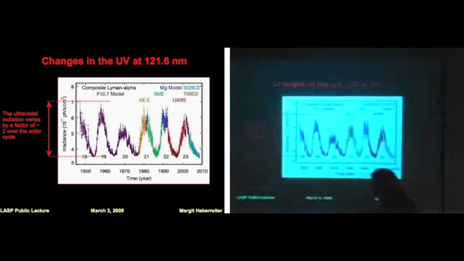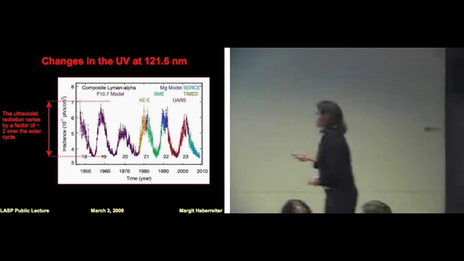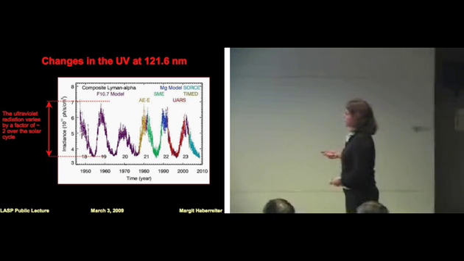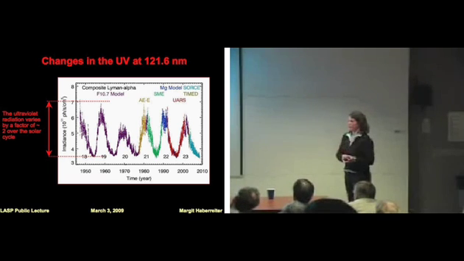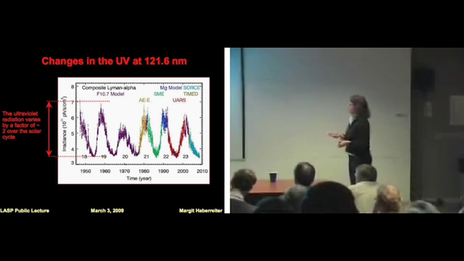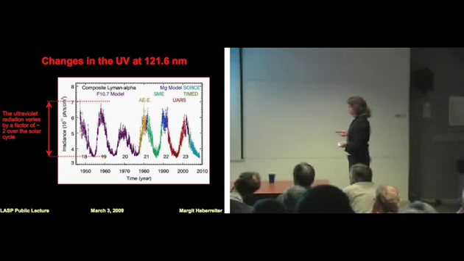Now, the ultraviolet light, which is plotted here, this is the Lyman alpha line. This is the strong line I've shown you in an earlier plot, so it's a UV line. The Lyman alpha variability actually shows an even higher variability. If you look at the numbers, we get almost an increase by a factor of 2 over the solar cycle.